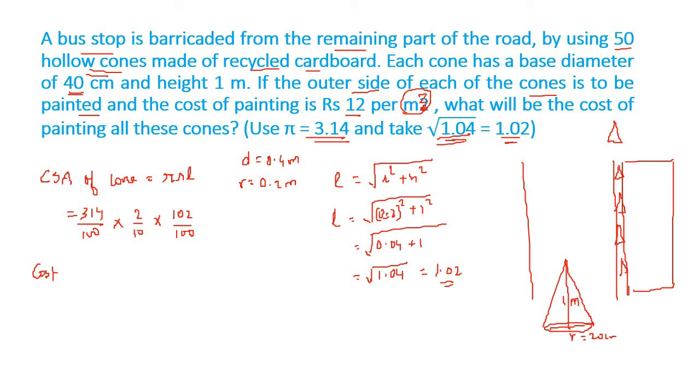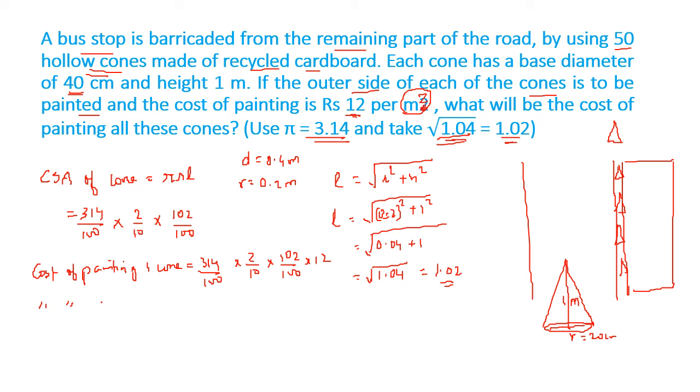Now 1 meter square costs 12 rupees. So cost of painting one cone, I'm not doing the multiplication right now, we'll keep it for the end. So you get 314 upon 100 into 2 upon 10 into 102 upon 100 into 12. But that is for one cone.